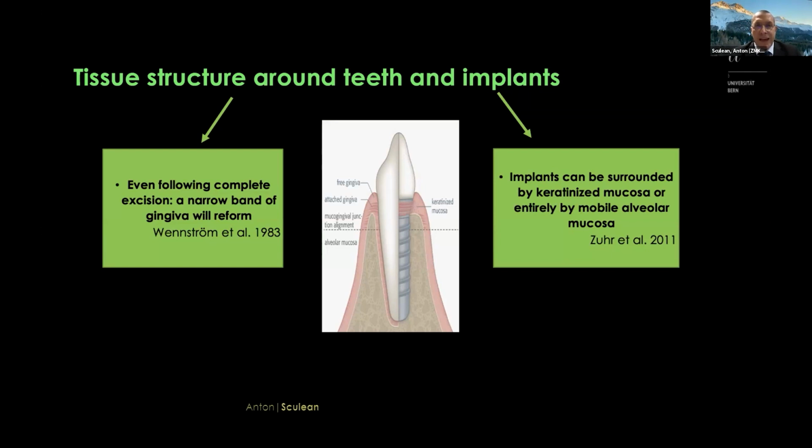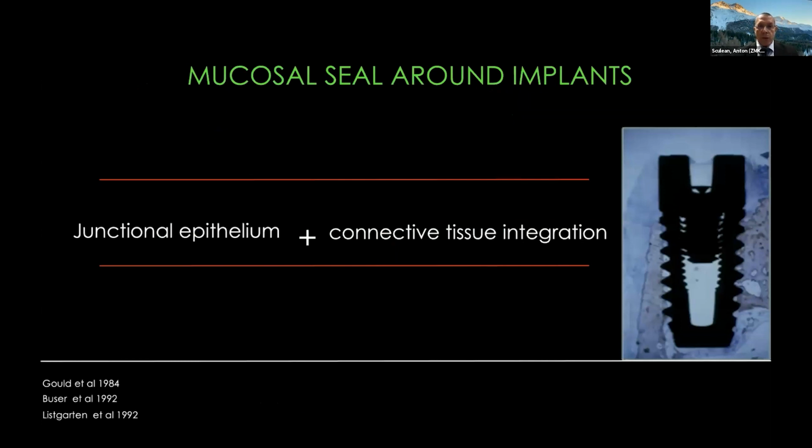We have a kind of ankylotic structure with a limited number of blood vessels and a scar-like tissue. And this is very important to keep in mind, because this will influence our clinical treatment and also the potential outcomes.